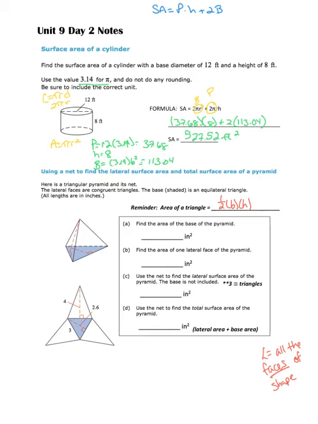The base is an equilateral triangle. We give you all the information. So the area of the base is 1/2, base is 3, small b base. Height of the triangle is 2.6. So let me just put in the calculator.